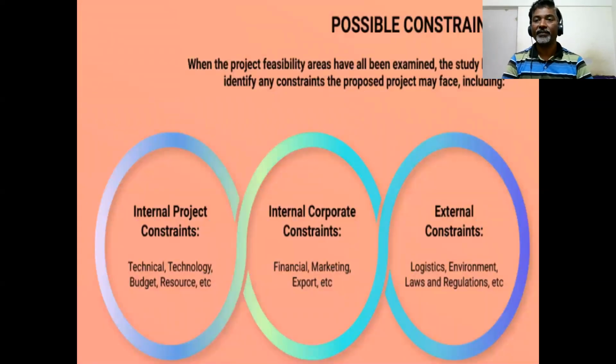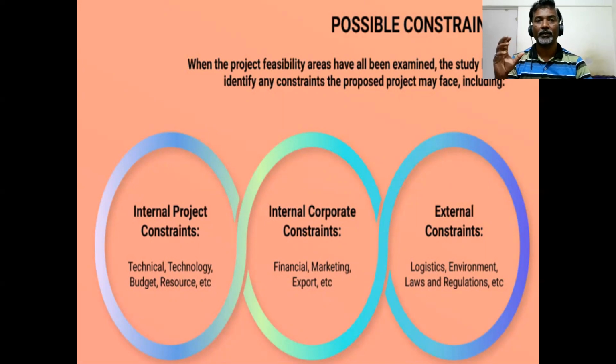Then, the different constraints that may occur or may be faced while doing a feasibility study. There are basically three types of constraints: internal project constraints, internal corporate constraints, and the last one, external constraints. So internal constraints mean what technology, what tool, what budget, what resources you are selecting.